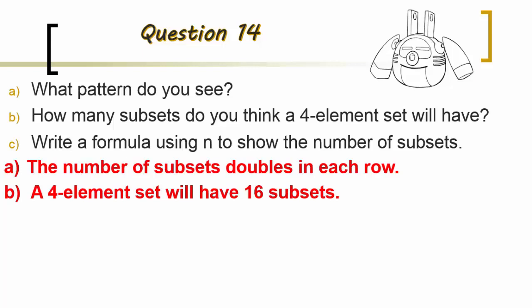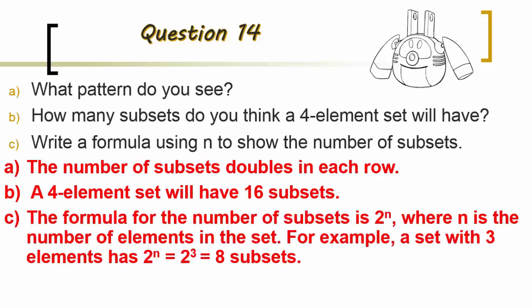So we can figure this out using the formula for the number of subsets, which is 2 to the n, where the 2 at the base is the doubling, and n is the number of elements in the set.